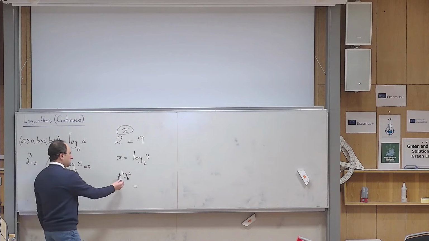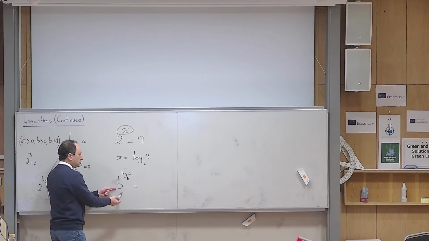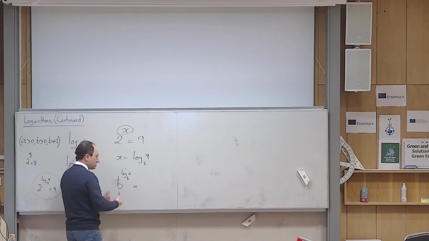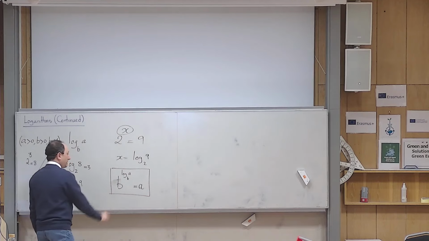Yeah, that's exactly a, because this is the number so that when you raise b to that number, the answer becomes a. And now you are raising b to that number. So the answer by definition should be a. And this is one of the most important formulas that you will have.